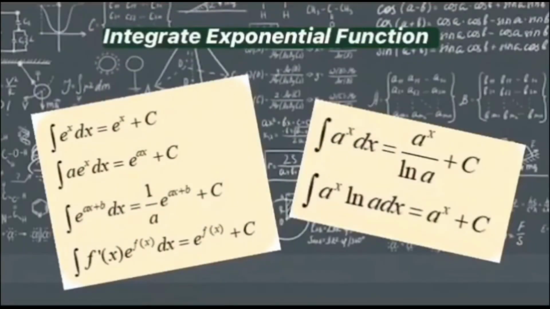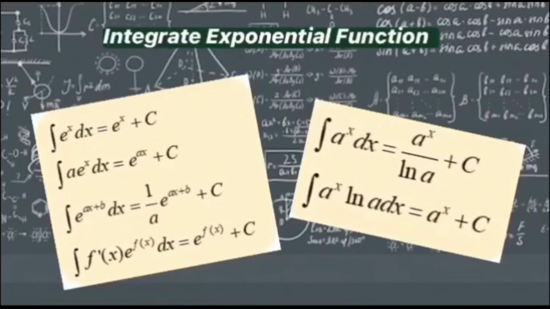Here, what we have is integrate exponential function. So here is the list of integrate exponential function. So everything about integrate that have no range, we have to plus it with c. So let's take a look at the first one. Integral e to the power of x dx will become e to the power of x plus c.